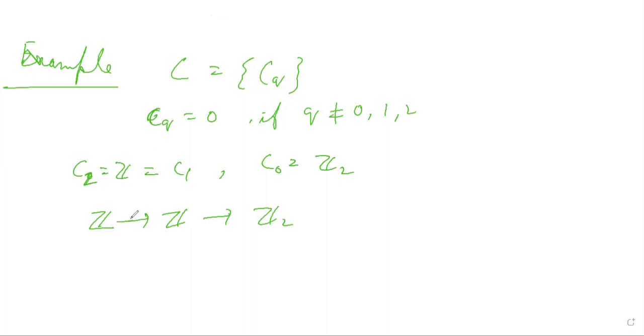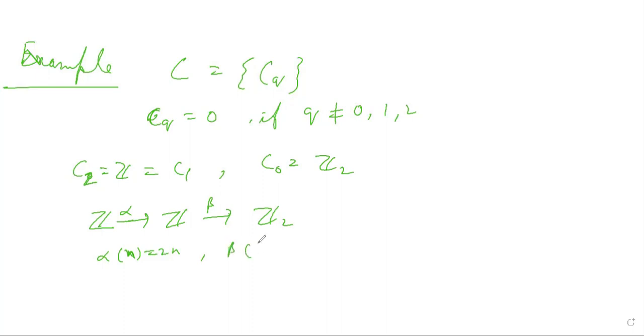We consider this to be alpha, this one we consider to be beta, and alpha n. Of course, every homomorphism from here to here can be given like this, is 2n.